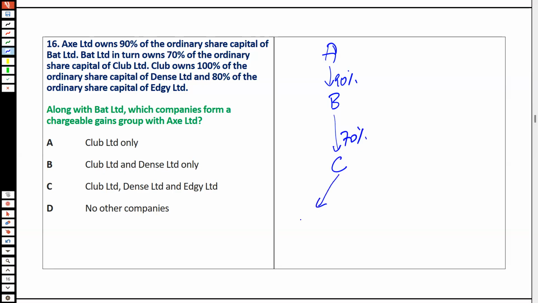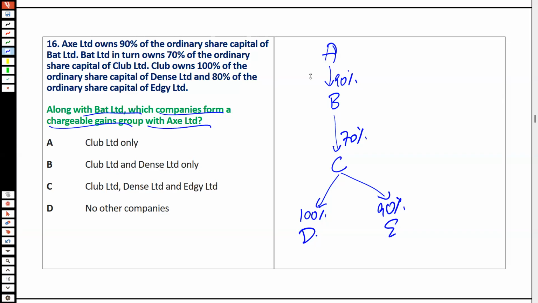Club Limited owns 100% of the ordinary share capital of D Limited and 90% of the ordinary share capital of E Limited. Along with BAT Limited, which companies form a chargeable gain group with X Limited? So B Limited is there.